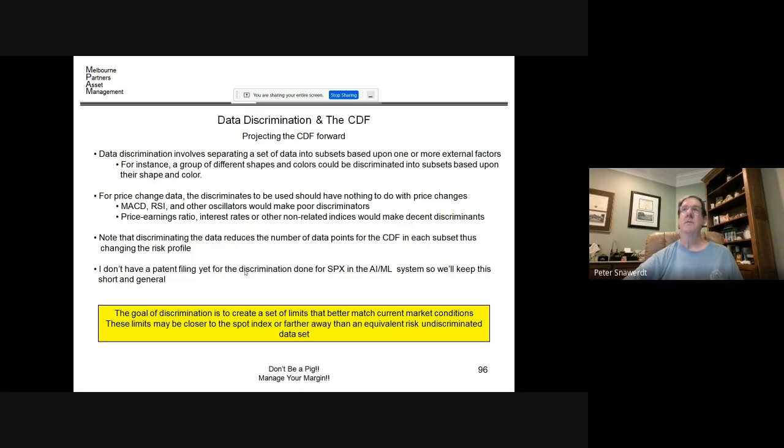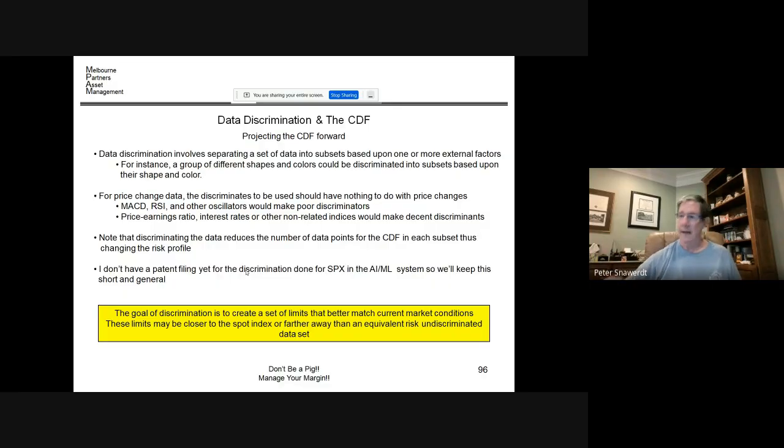If you can go find an orthogonal measure, meaning something that is independent of the stock itself but would be useful to further divide that CDF, or that stock performance, into separate subsets, sometimes you can get an additional edge.